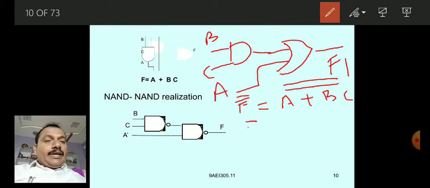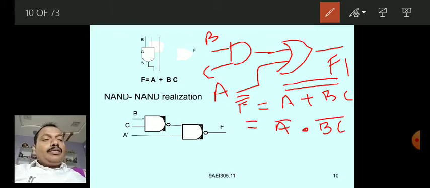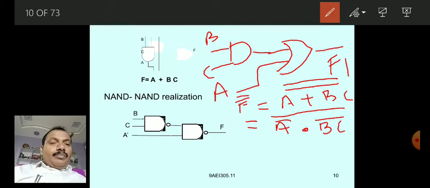So you apply the De Morgan law, then you will get A bar. This plus function becomes dot function, BC whole bar, whole bar. By observing this, what you have to understand is A bar.